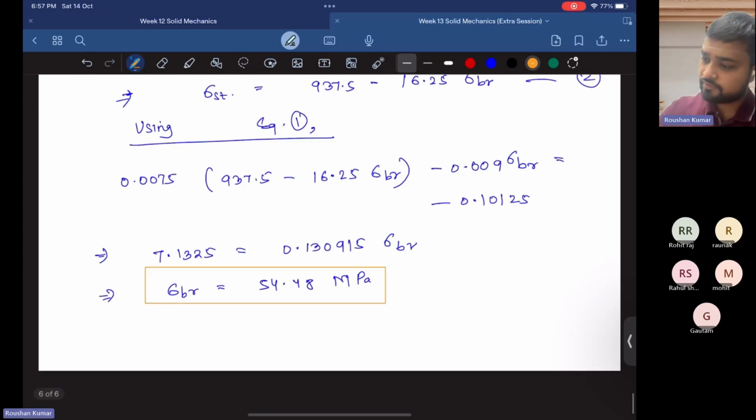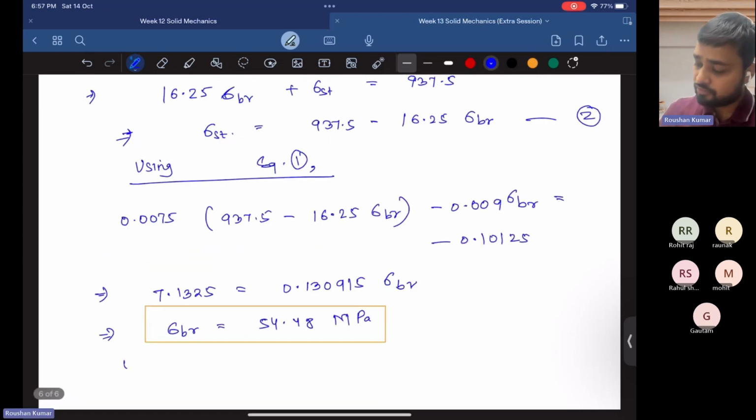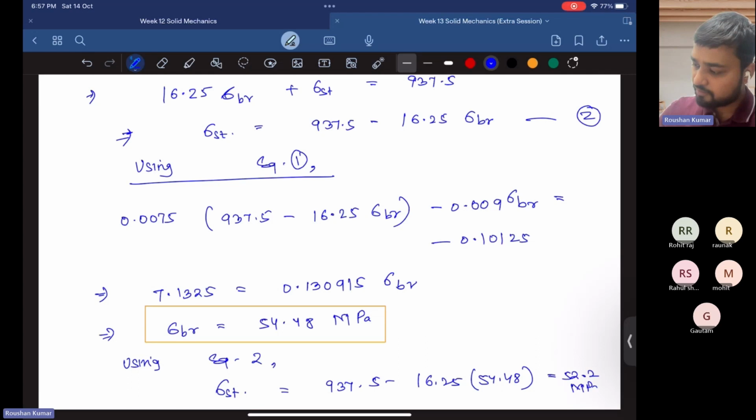And similarly, using equation 2, sigma of the steel comes out to be 937.5 minus 16.25 into 54.48, which is 52.2 megapascal.